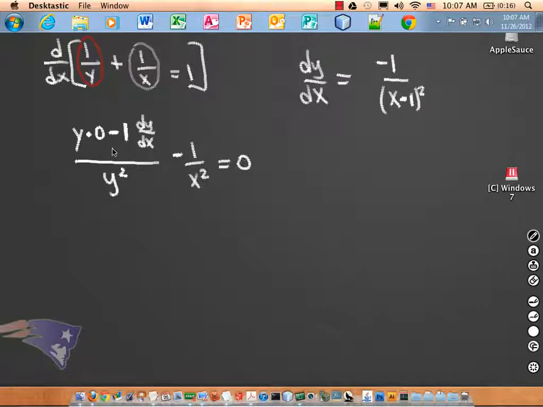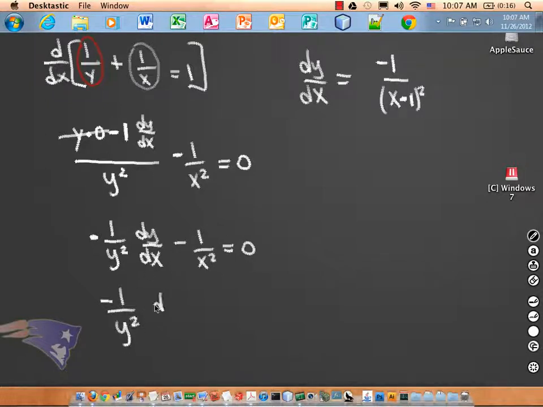Okay. Let's simplify this a little bit. y times 0 is 0. Can I convince you that this is negative 1 over y squared dy/dx minus 1 over x squared equals 0? Since this crosses away, we're left with this. Add this to the other side, so negative 1 over y squared dy/dx equals 1 over x squared.